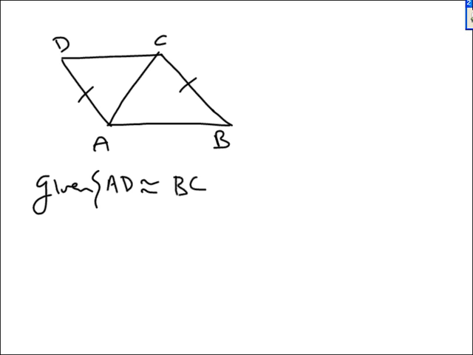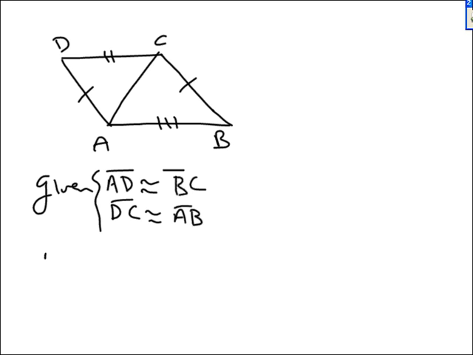And you're also given that DC and AB are the same lengths.